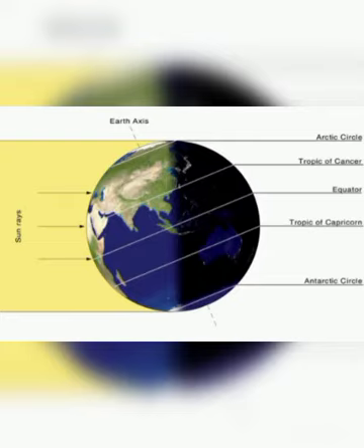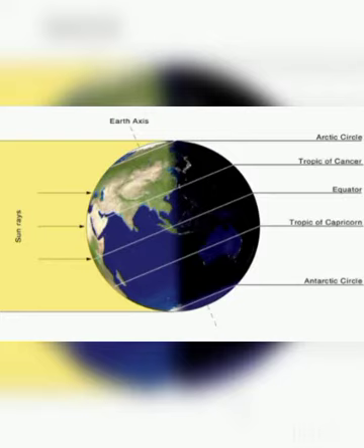Otherwise, we say Chennai is warm and humid throughout the year. What's the meaning of that? We mean that the climate of Chennai is warm and humid. What is the meaning of humid? Spell that word. H-U-M-I-D. Humid means moisture of air.